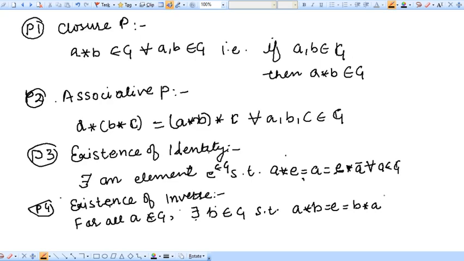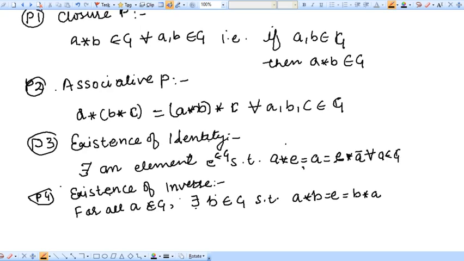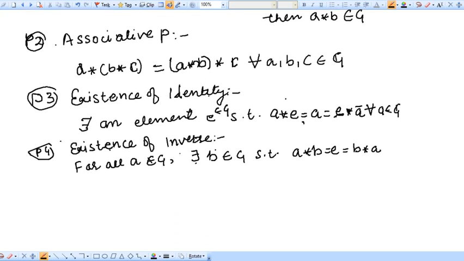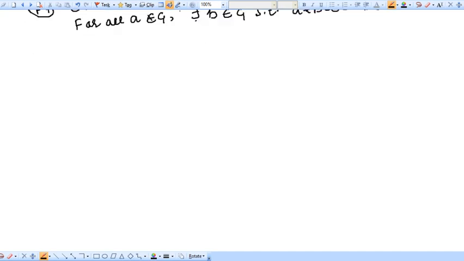Now we are going to illustrate this definition with an example later, and also one more point you need to note here. So these are the four properties.